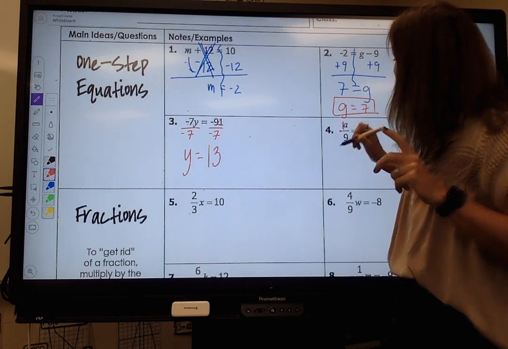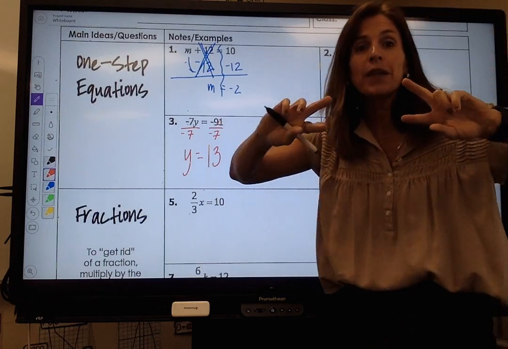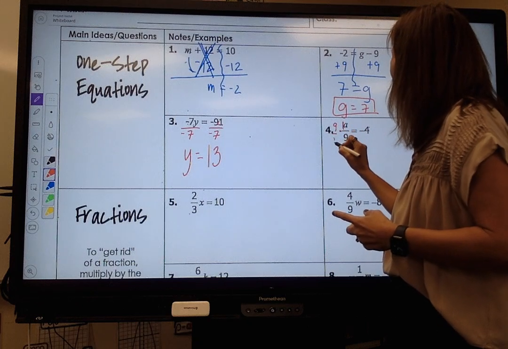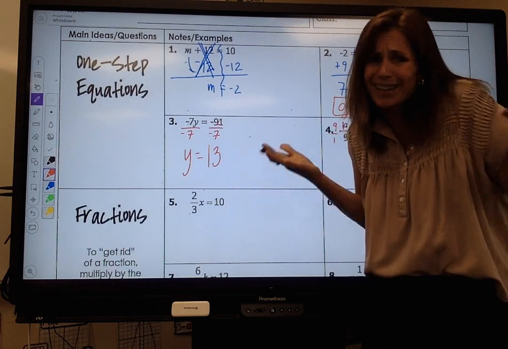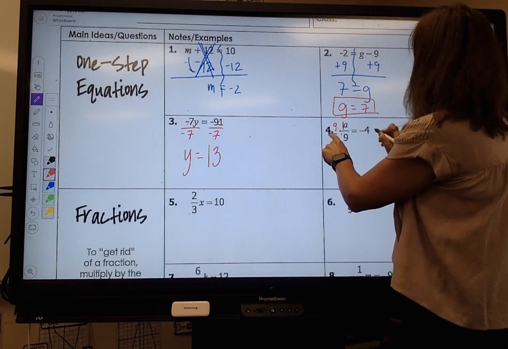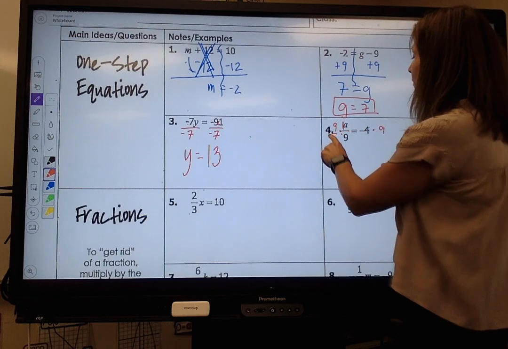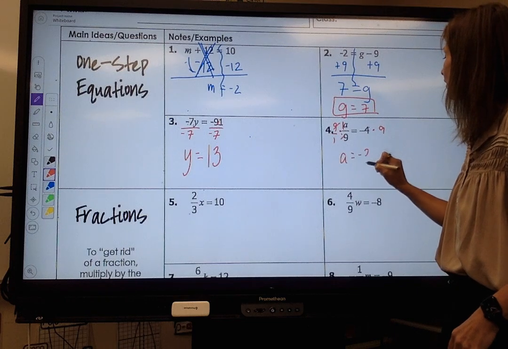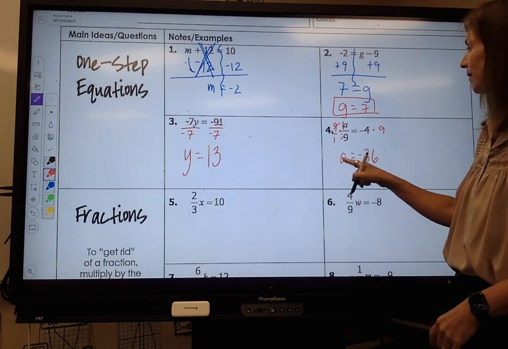So I'm going to flip my reciprocals and multiply by 9 over 1. But in this case, I can just use 9 because it's simple that way. And whatever you do to one side, multiplying by 9, you do to the other side, multiplying by 9. So my 9s cancel out. I'm left with a equals negative 36.